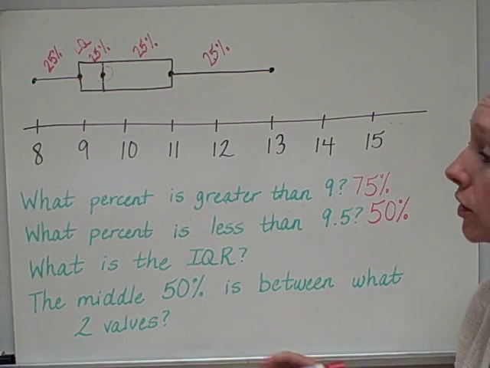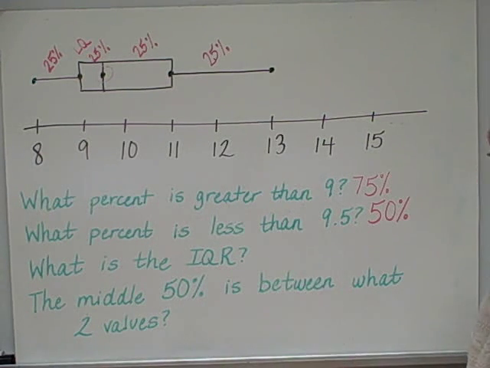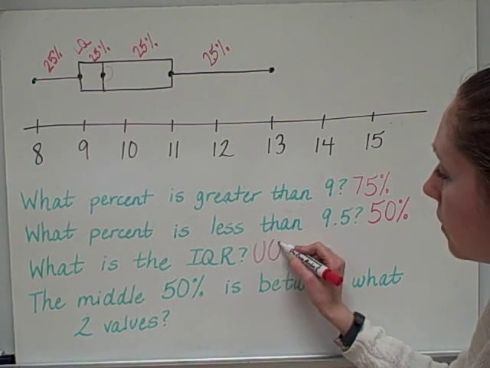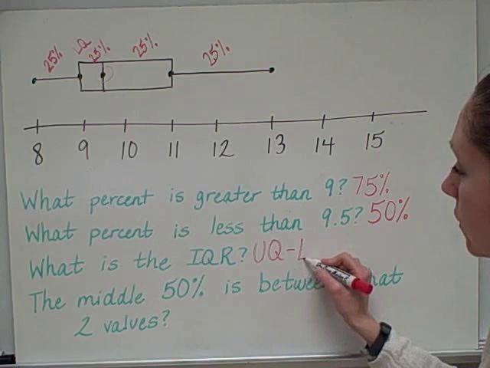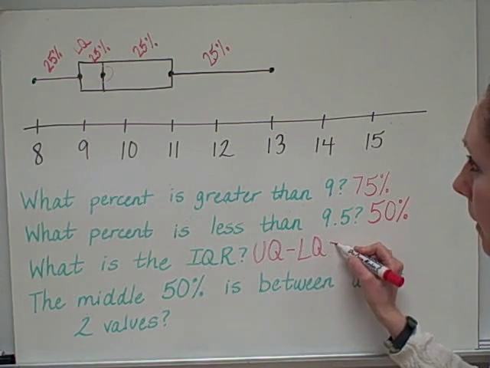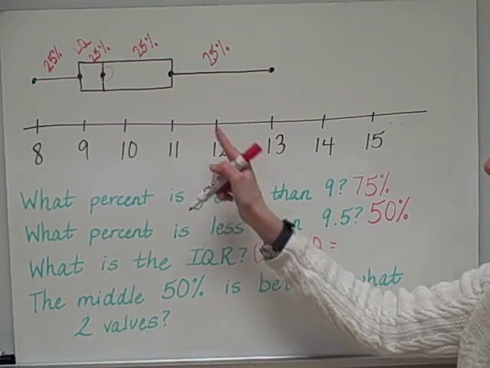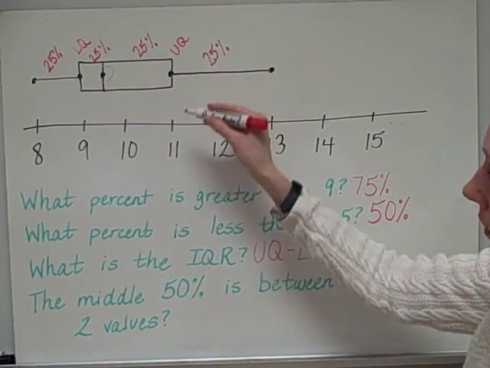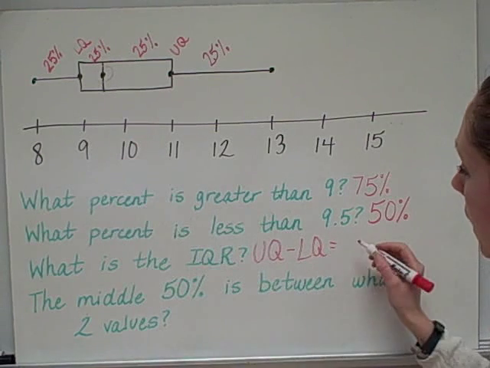Another very common question is, what is the IQR, or interquartile range? We find that by taking my upper quartile and subtracting the lower quartile. In this case, my upper quartile UQ is 11 and my lower quartile is 9.